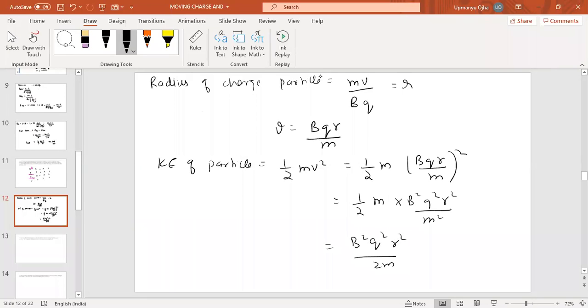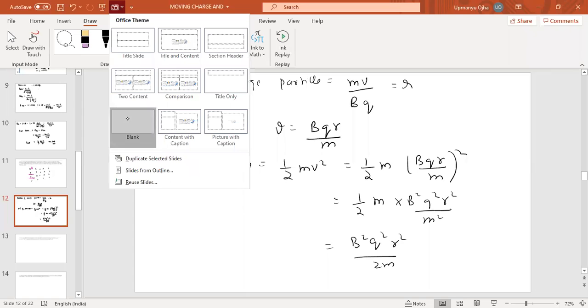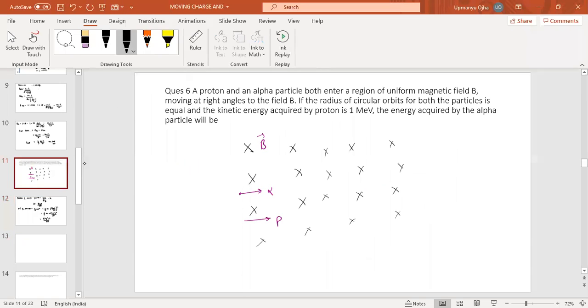Okay, any charged particle, if you take alpha particle or proton, both will have the same kinetic energy. Now in the question itself, they have given us that the radius of the charged particle for both the particles is equal.